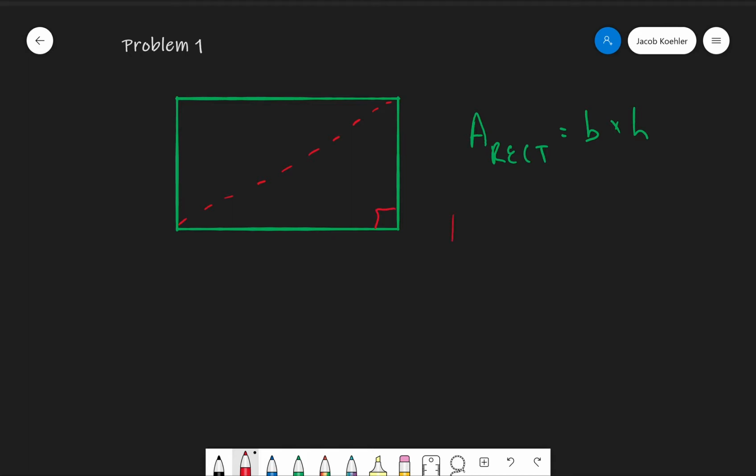And then we can say the area of the triangle is equal to, well, if this whole thing is base times height, then if we're just looking at this piece here, it's going to be 1/2 base times height. Okay. So now we've got our area of a triangle.